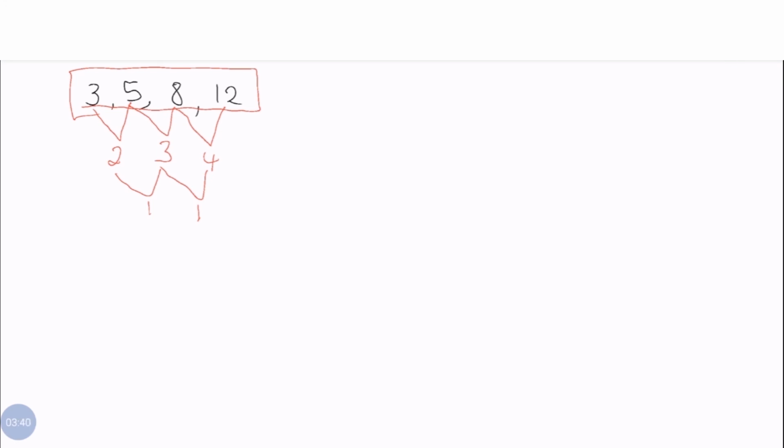What we know is the equation of a quadratic pattern is determined by a standard equation, which is Tn is equal to an squared plus bn plus c. So now we have to determine the values of a, b, and c.